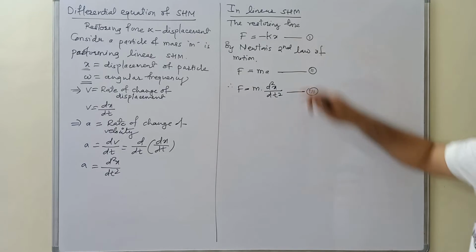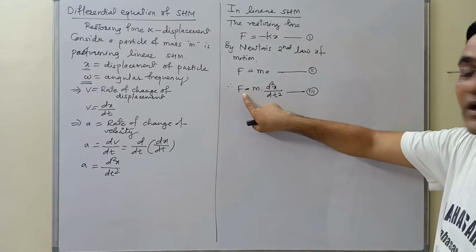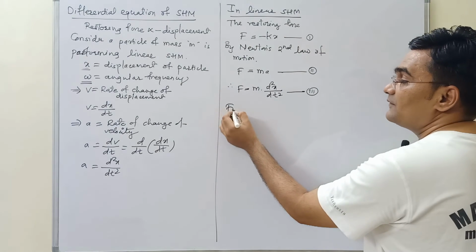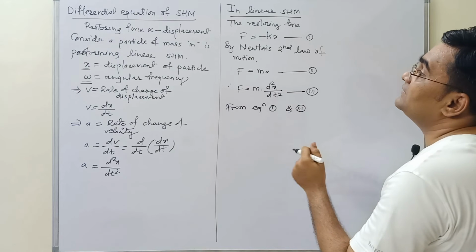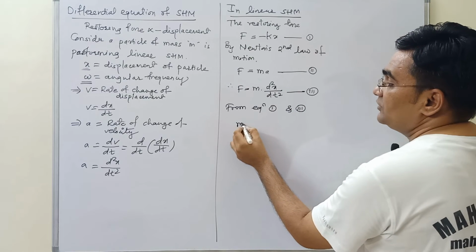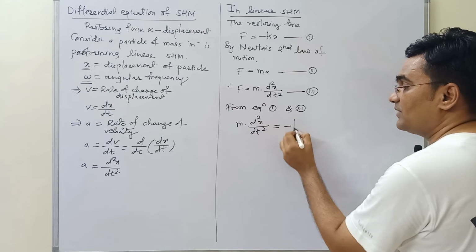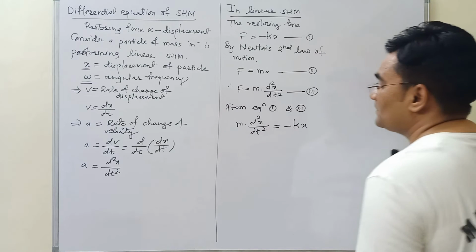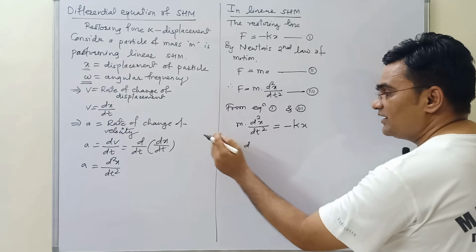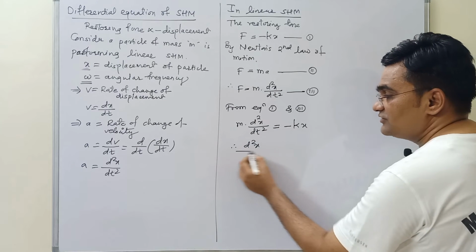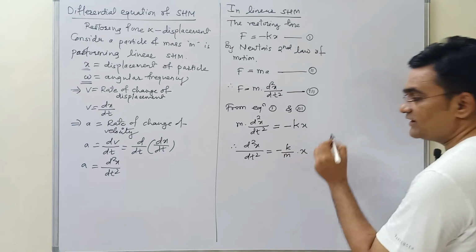Now see, equation 1 is also representing the force F. Equation 3 is also representing the force F. So from equation 1 and 3, what I can say is m into d square x upon dt square is equal to minus k into x. This m will come in division to this side, or dividing both sides by m, it will be d square x upon dt square equal to minus k upon m into x.